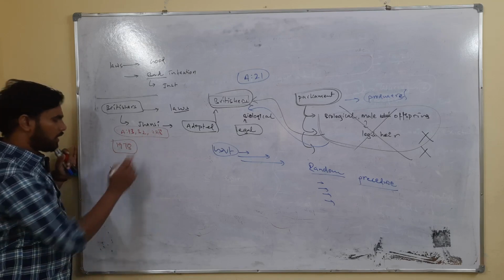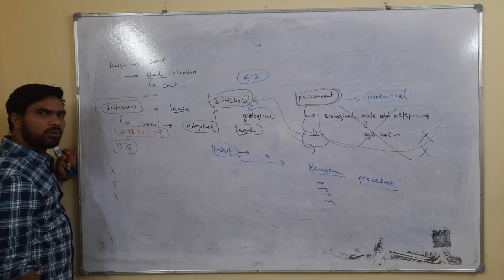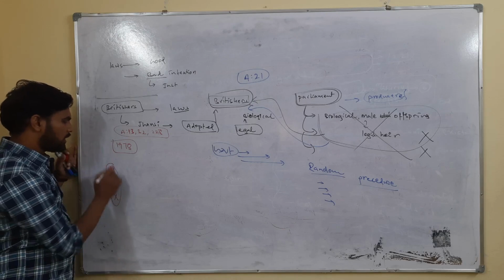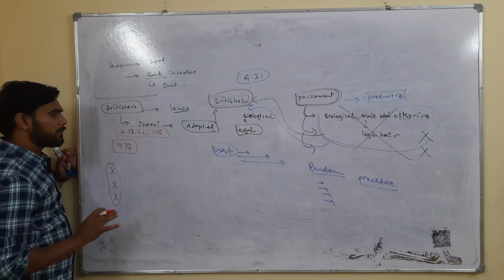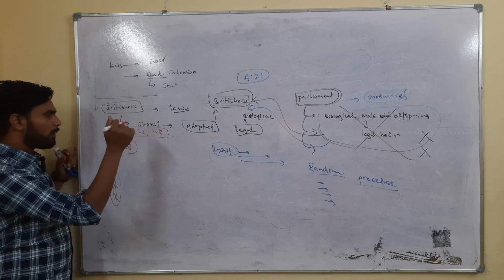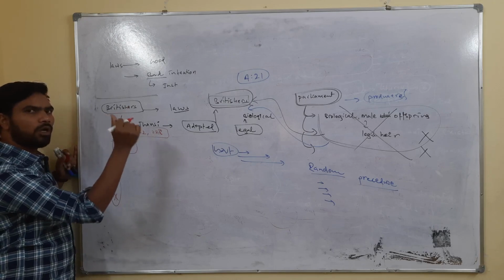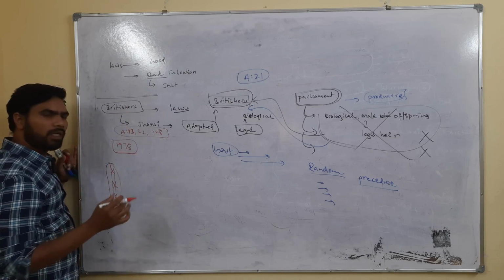Under Article 226, the High Courts also can issue writs. So all these things give the power of judicial review to the courts. And moreover, the power to interpret the provisions of the Constitution has been given to the judiciary. This we know very well.